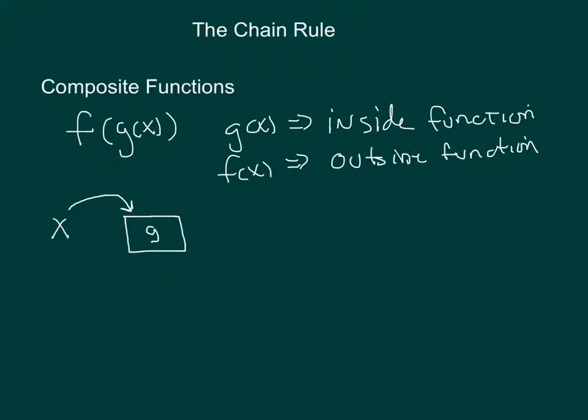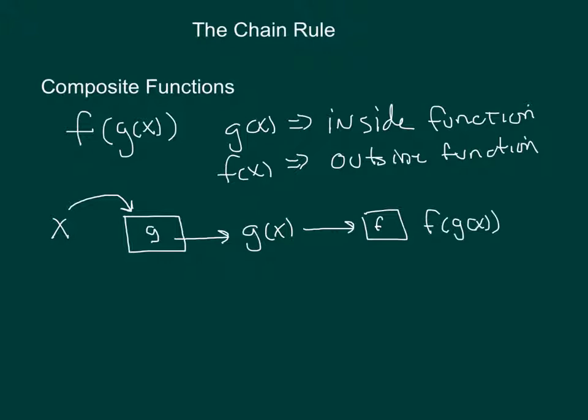And what this means is that x goes into, let's say, the g function, and it is changed. Its output becomes g of x. That becomes the input into the f function. And so what comes out is once again changed as f of g of x.